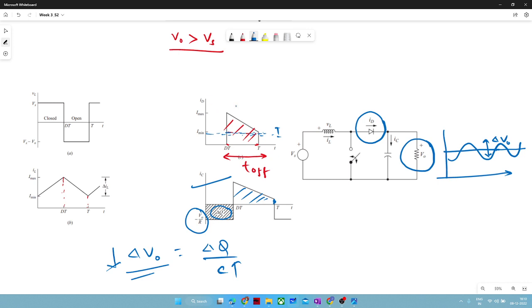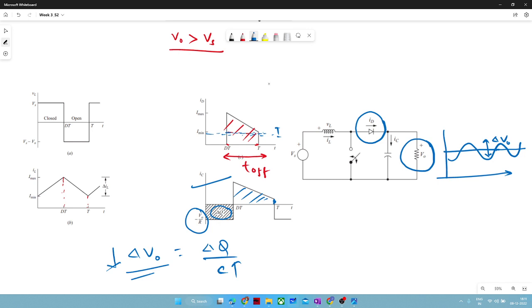Basically, two things are important here. In a buck converter, our load was directly connected to the inductor, so we need not worry about that. But here we need to worry because you need to identify the diode current, and the average value of the diode current is your load current. Sometimes you need to find the RMS value of diode current, sometimes the average value.